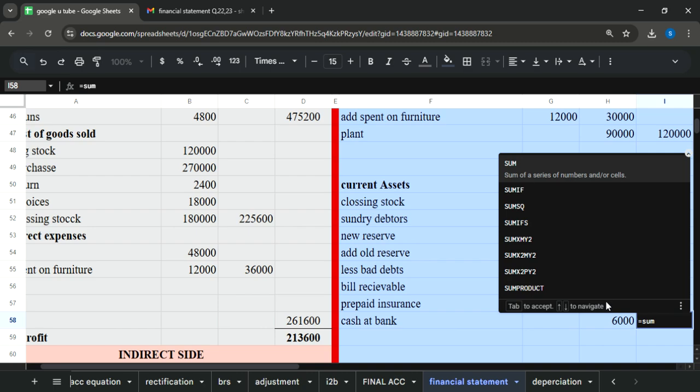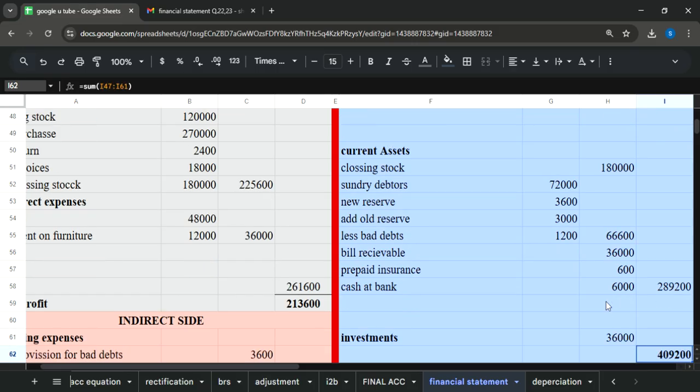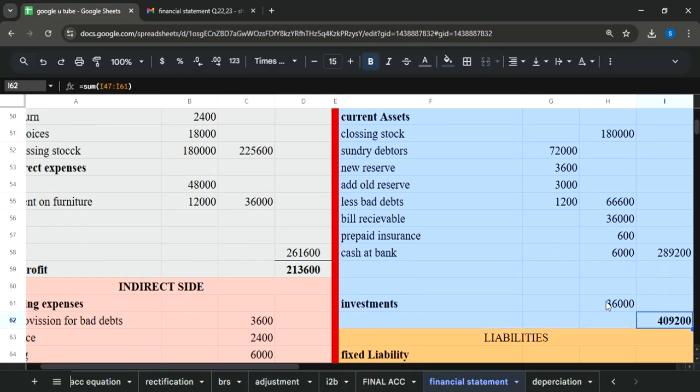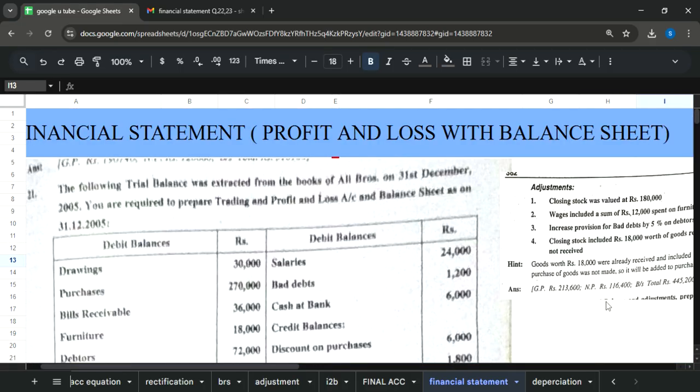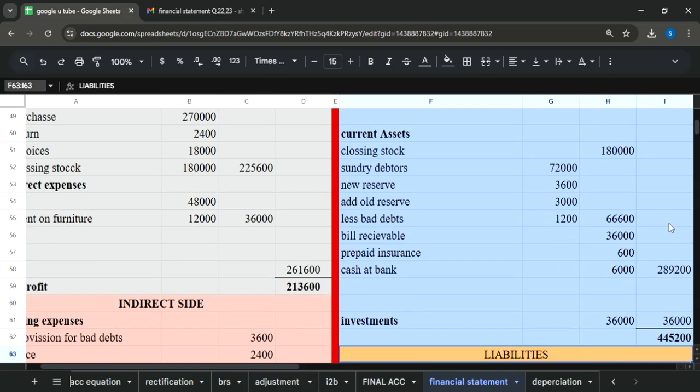You are now ready to take sum of all current asset completed, and then we have our investment that is also completed. In this way what we have done, these are fixed asset, this was current asset, investment, and final total 445,200.